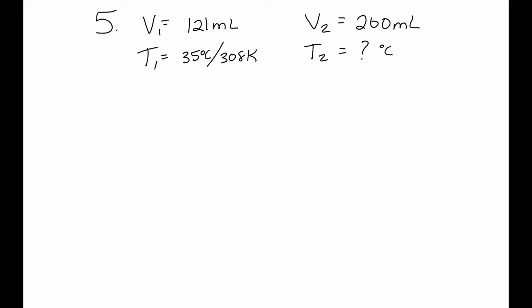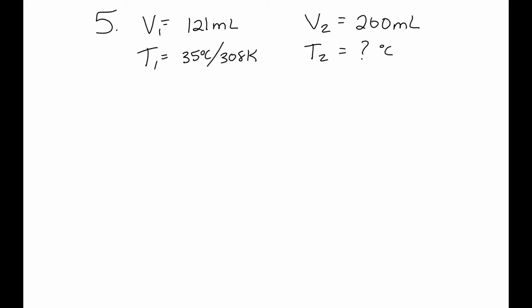Later on in some of these, it's not going to be so obvious. Unless I specifically ask for the temperature in Kelvin, always use Celsius at the end. So you're going to have to calculate in Kelvin and then convert to Celsius. I always want my temperatures in Celsius at the end, because we don't ever use Kelvin in real life.